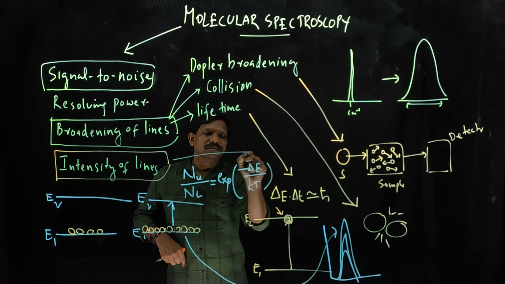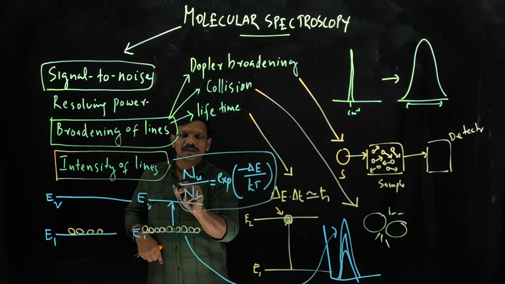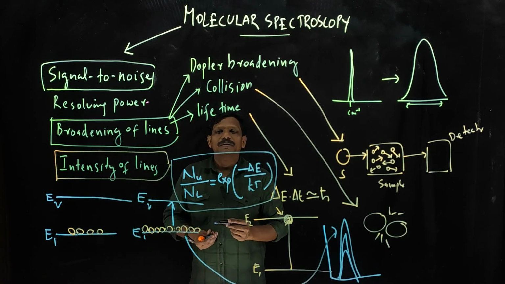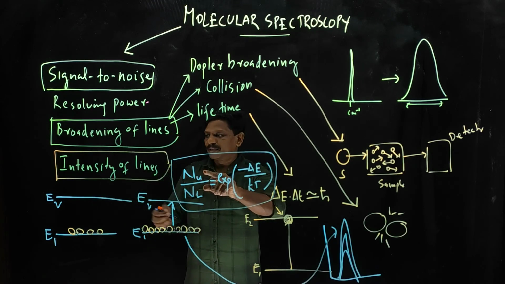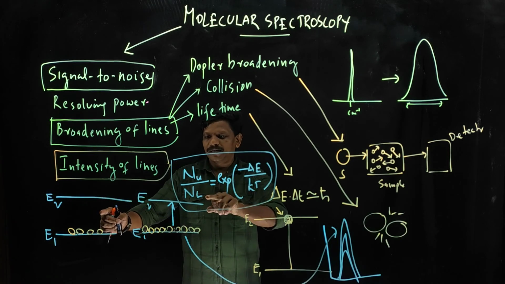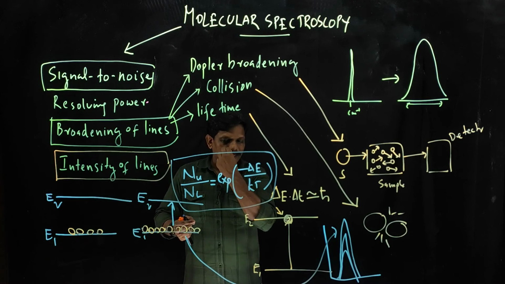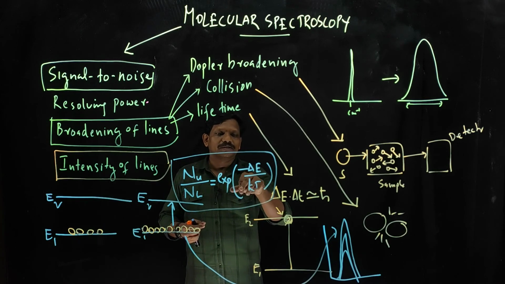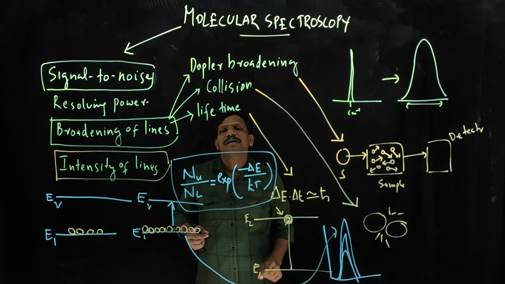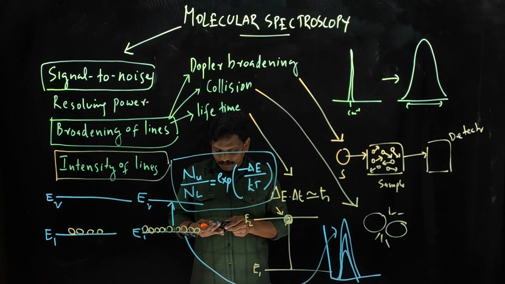You can remember this equation related to the population of molecules. N upper means the number of molecules at the upper state, N lower means the number of molecules at the lower state. Here k, small k, is known as the Boltzmann constant.